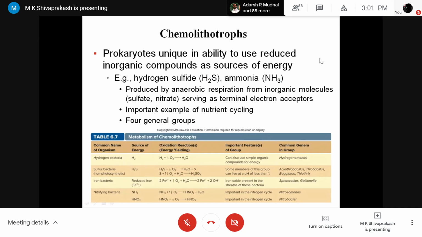The other group is autotrophs, the organisms which are able to synthesize their cellular macromolecules by using simple inorganic materials. By definition, they are organisms which use carbon dioxide as source of carbon. They have a mechanism by which they fix atmospheric carbon dioxide and incorporate it into metabolic organic intermediates, like ribulose, a 5 carbon sugar.